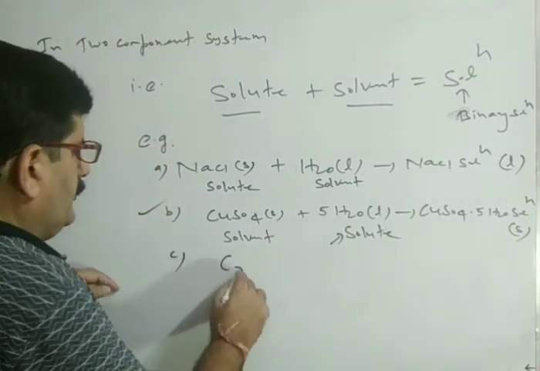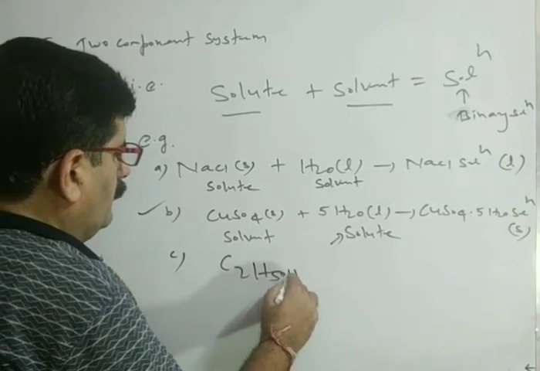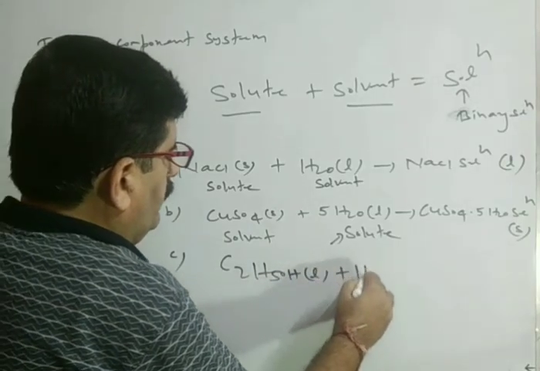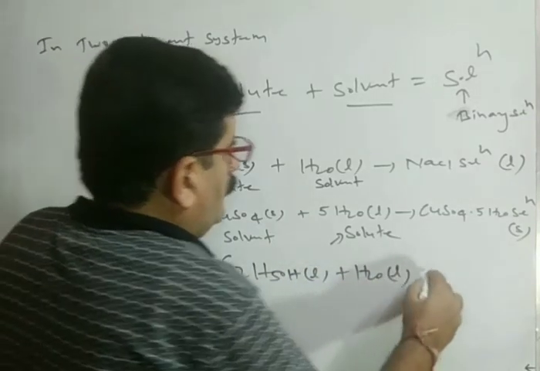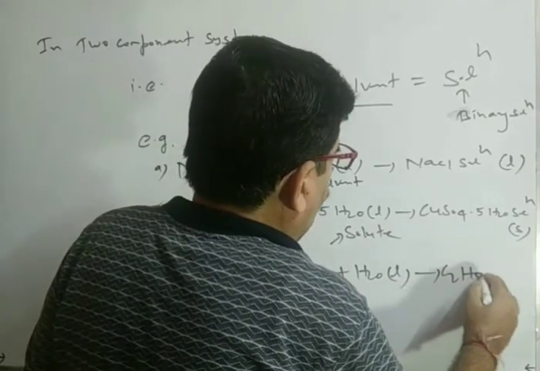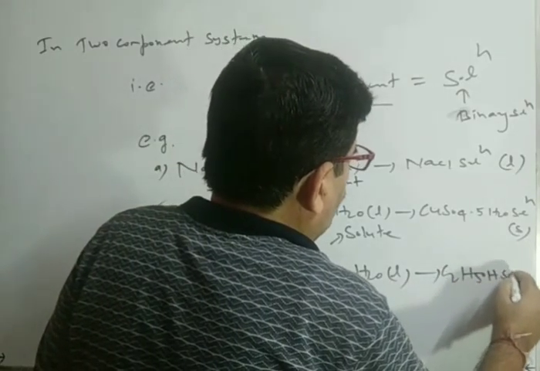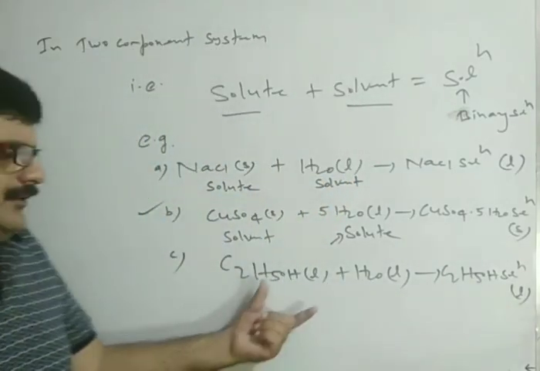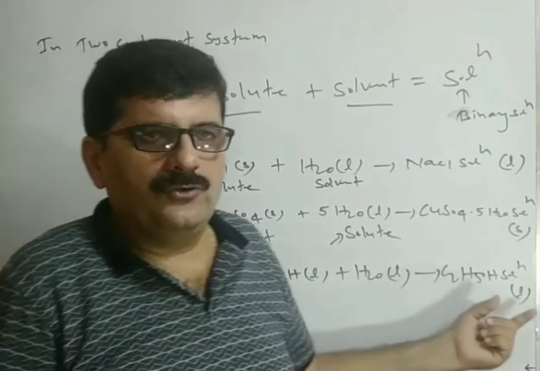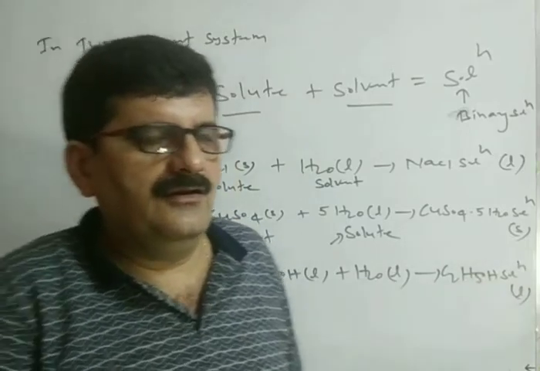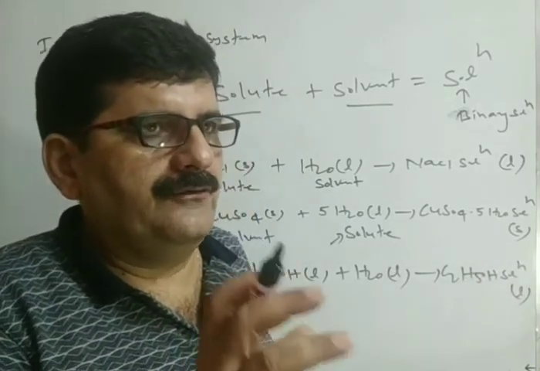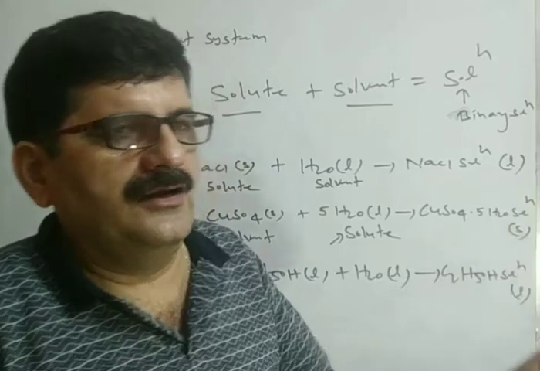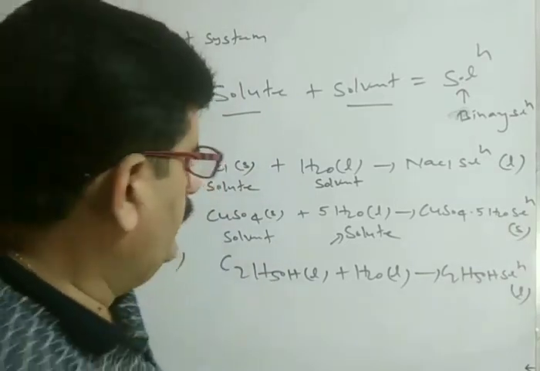Suppose if we take ethyl alcohol liquid plus water liquid to form C2H5OH solution. This is also liquid. Here the physical nature of both components is similar to that of solution. Then the small part component is called solute and the large part component is called solvent.